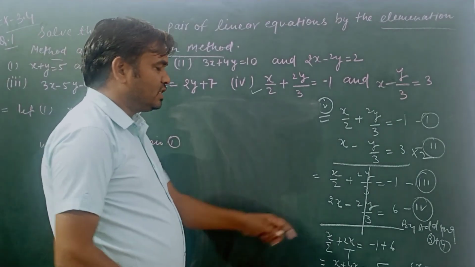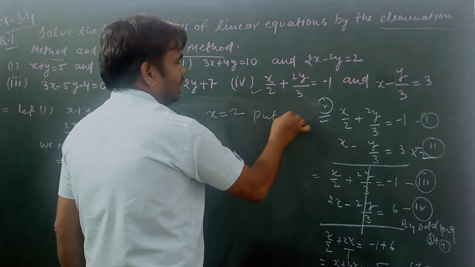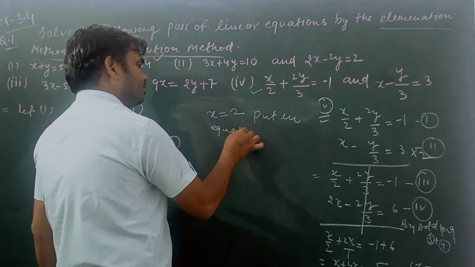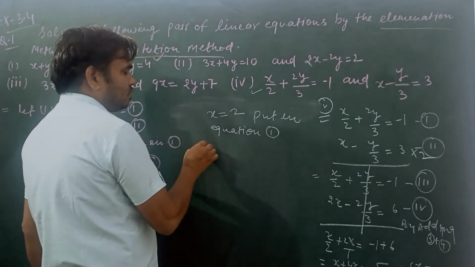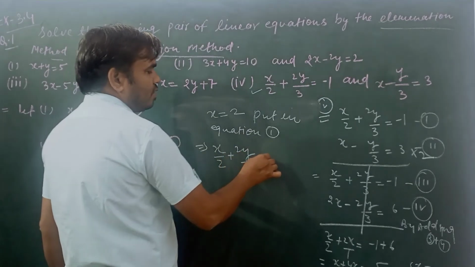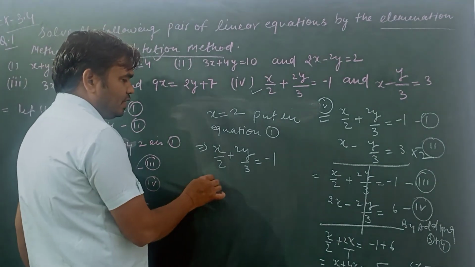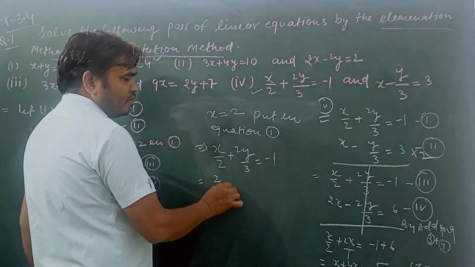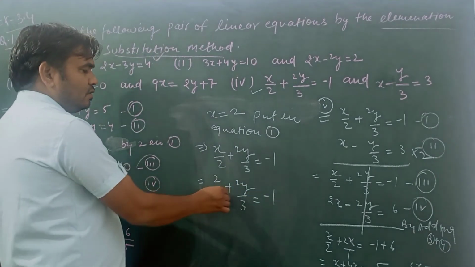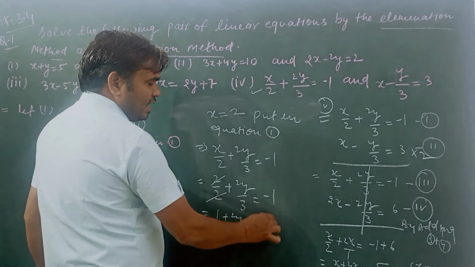Students, the value of x equals 2. Put it in the first equation: x over 2 plus 2y over 3 equal to minus 1. So 2 over 2 plus 2y over 3 equal to minus 1, which is 1 plus 2y over 3 equal to minus 1.